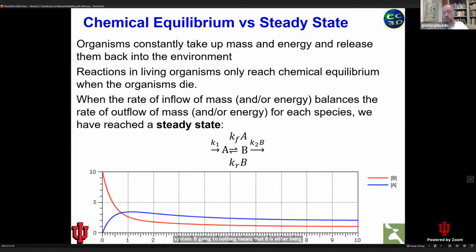But in any case, whatever happens at the other end of the arrow isn't of interest to us. And so this could be inflow of energy or mass into our system, or outflow of energy or mass from the system. In this case, we could still reach a steady state, but it's not a chemical equilibrium.